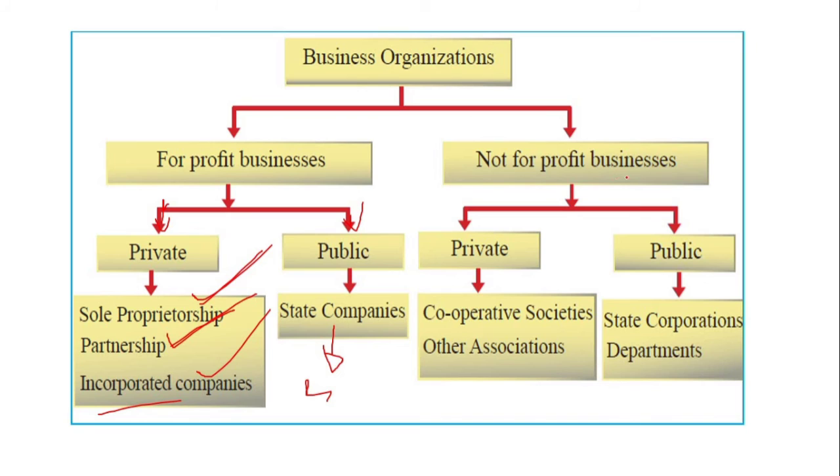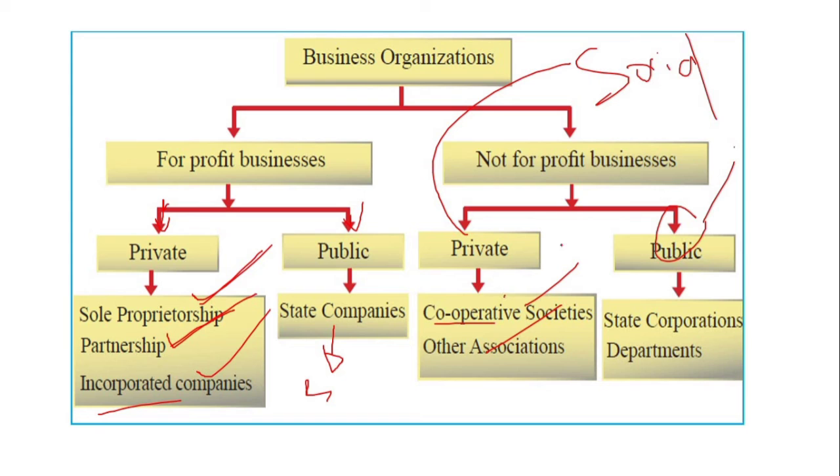Not-for-profit businesses, right? Not only the government is providing services, right? Sometimes private parties are also providing social welfare, right? See here, private parties also providing social welfare. Other associations, cooperative societies give benefits to their members who make the contribution to the society, right?